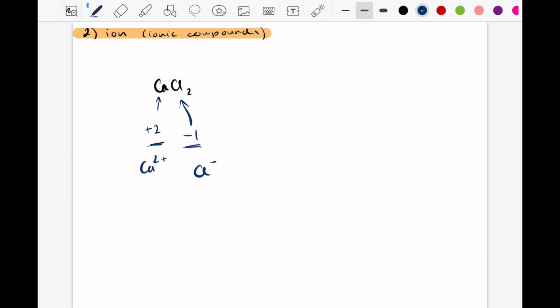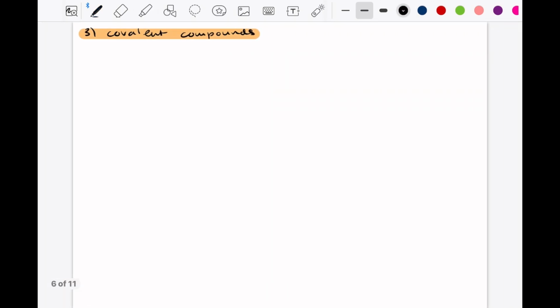Now, a bit more complex are the covalent compounds. In this case, if we focus on carbon tetrachloride, we first figure out how many electrons are shared: the carbon is sharing 4 electrons, and each chlorine is sharing 1 electron, and this is our number. But to find out the sign, we have to focus on the electronegativity of each element, and the more electronegative element gets the negative sign.